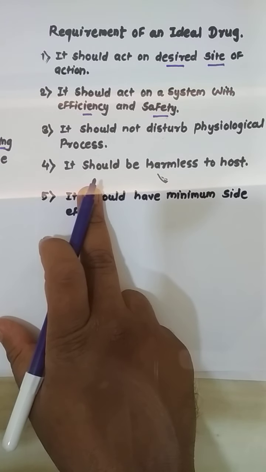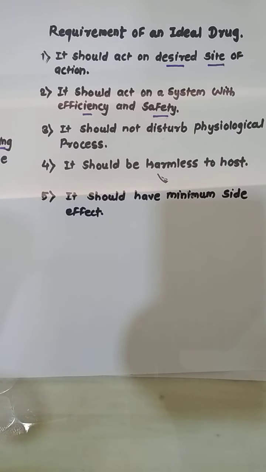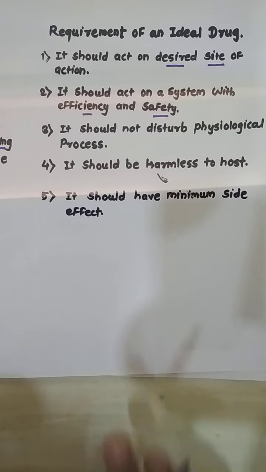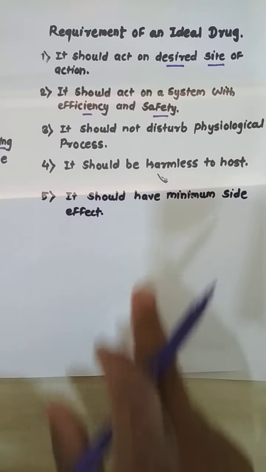Next, it should be harmless to the host. Suppose we are applying a particular drug at a particular site of the body. Only the region where microorganisms are killed should be affected; it should not affect the host. Fifth, it should have minimum side effects.